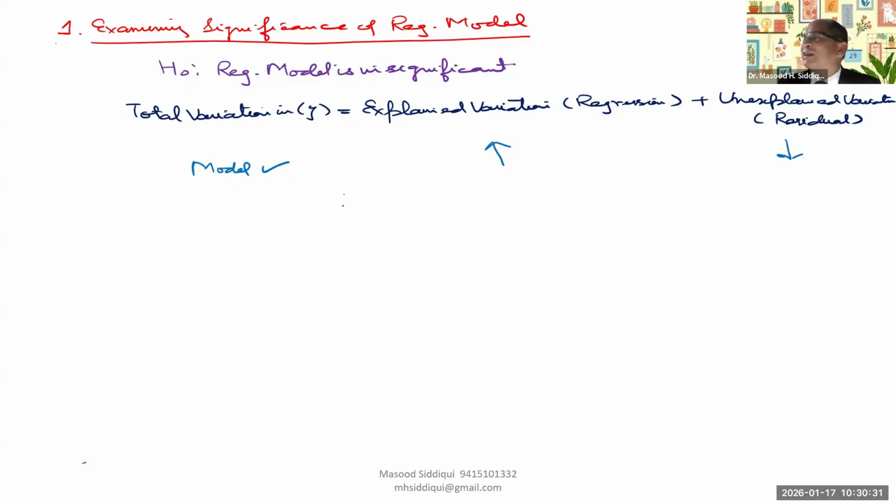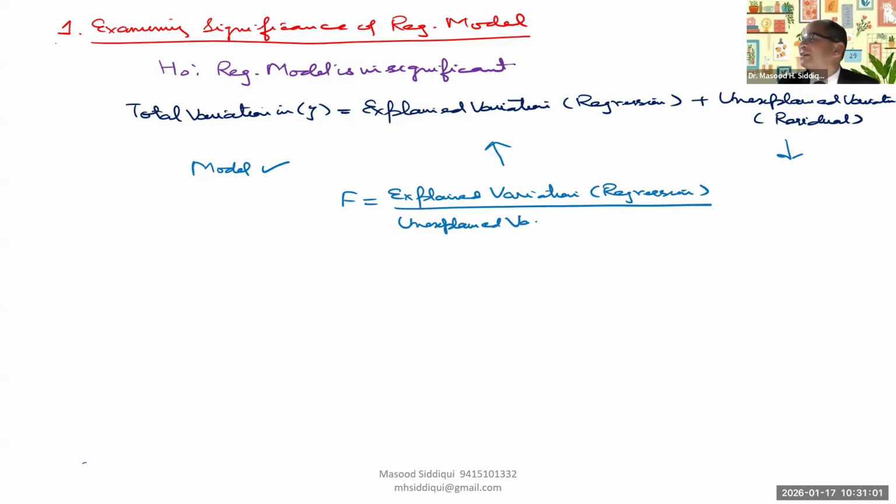So for this purpose, we consider a ratio. Sorry, this ratio is being termed as F. So this is the ratio of explained variation, or variation because of regression, and in the denominator we have unexplained variation, which is because of some other term, that is the residual.